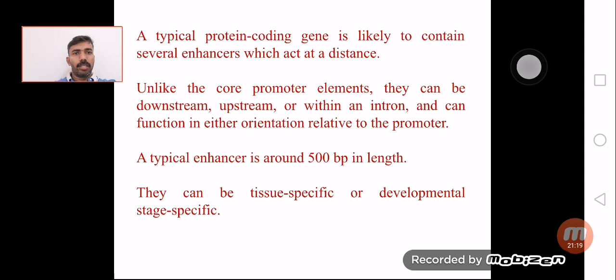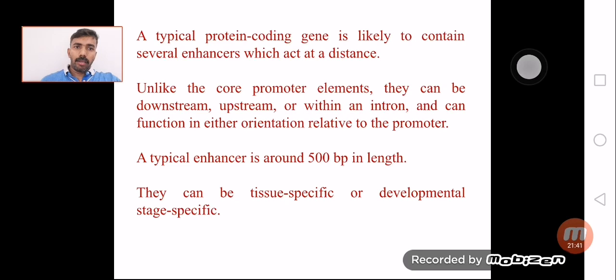So these are the other features: these could be located anywhere, downstream, upstream, or even within an intron, and can function irrespective of the orientation of the sequence, with a length of around 500 base pairs.